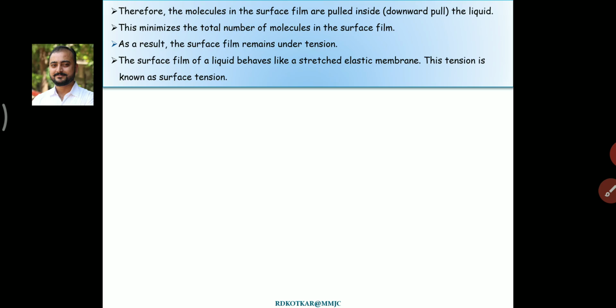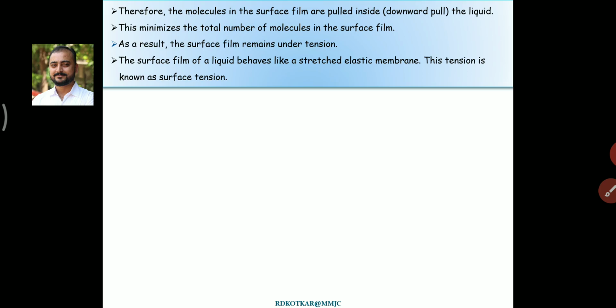Just imagine that as the molecules move in the downward direction, your liquid surface remains as it is, because the liquid occupies the space or shape of the container. The molecules move downward because of the downward pull, or the greater cohesive force, and this causes a decrease in the number of molecules in the surface film.